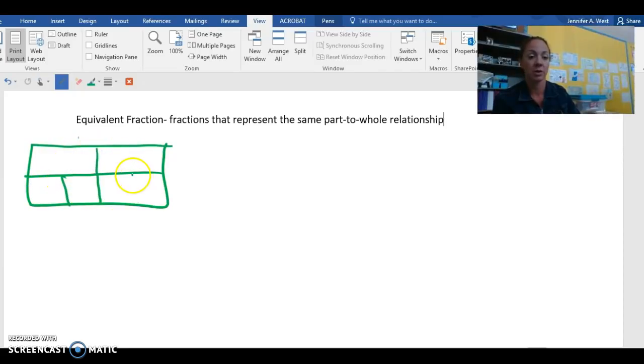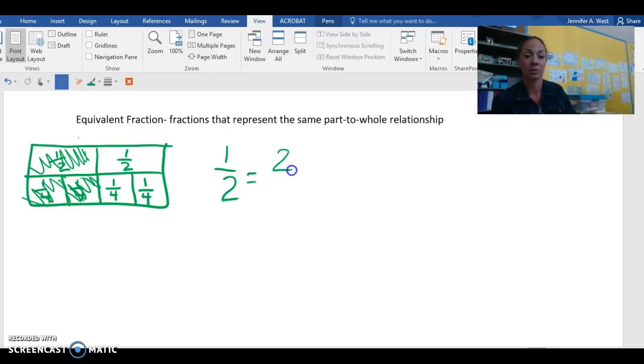All right, so on the top row here we have 1/2 and 1/2. But down here on the bottom we have 1/4, 1/4, 3/4, and a 4/4. So we could say, just from looking at this drawing, if we colored in 1/2 and 2/4, that shows that 1/2 is equivalent to 2/4.